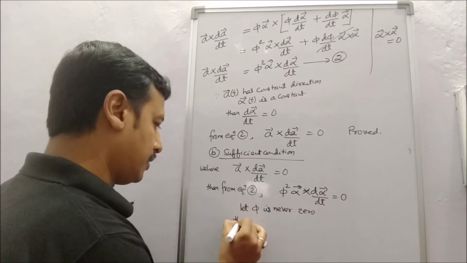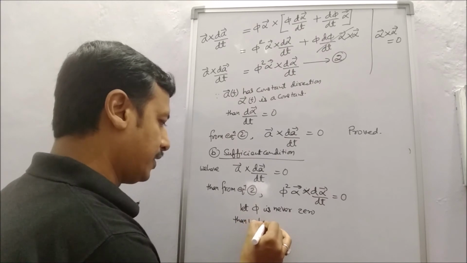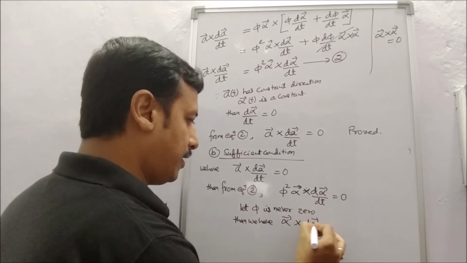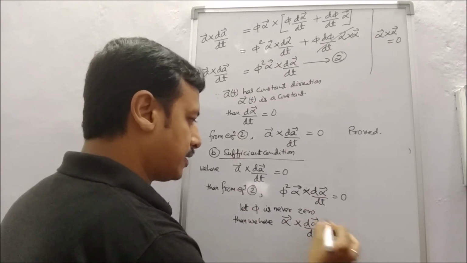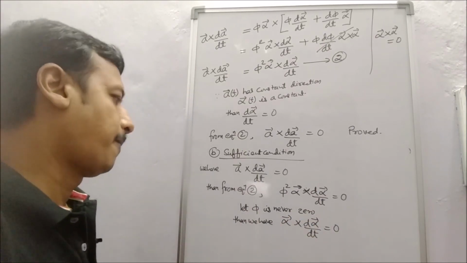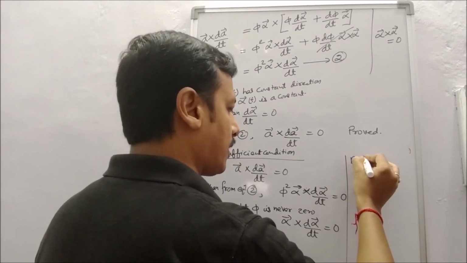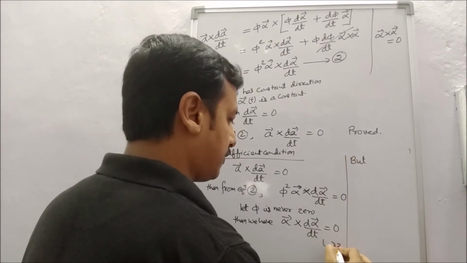Then we have alpha cross d alpha by dt is equal to 0. This is equation number 3.